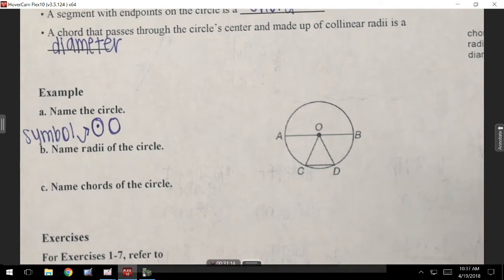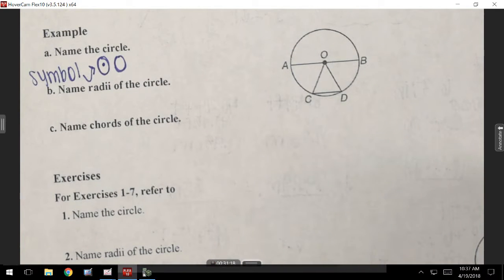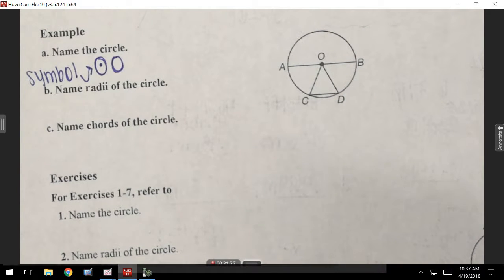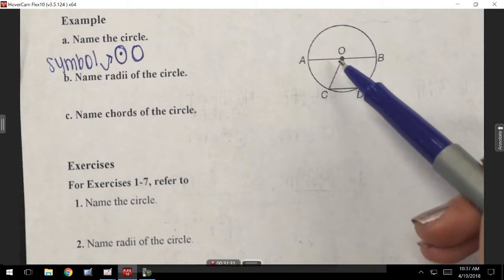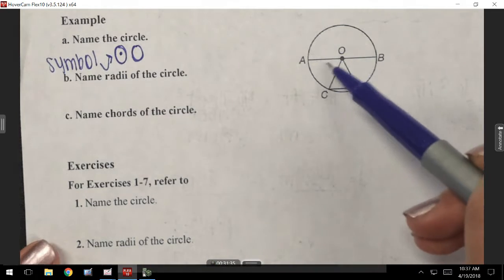Okay? How many radii do you see? 2. Look again. 4. It does not matter how you name the radius or the radii. I always start from the middle though. How would I name this radius? OA.